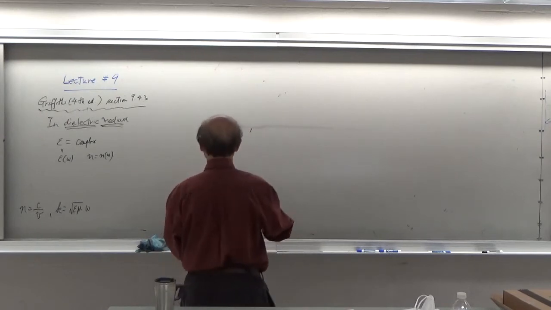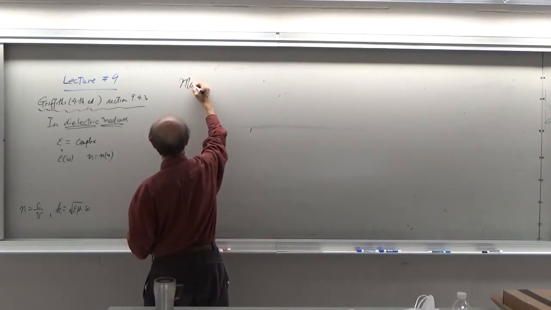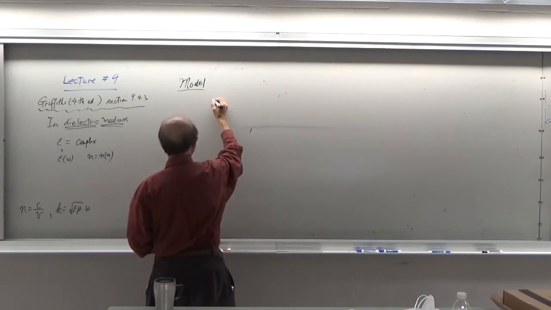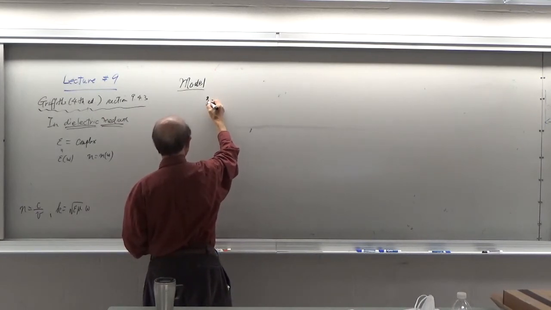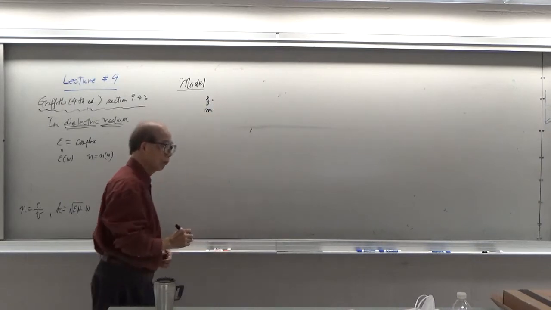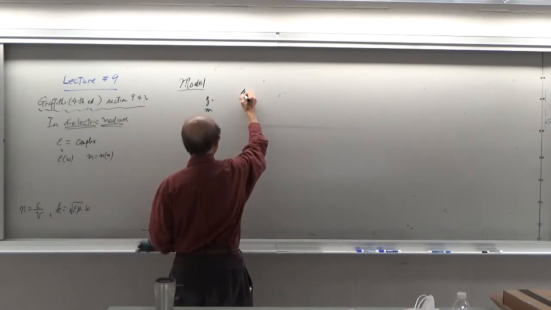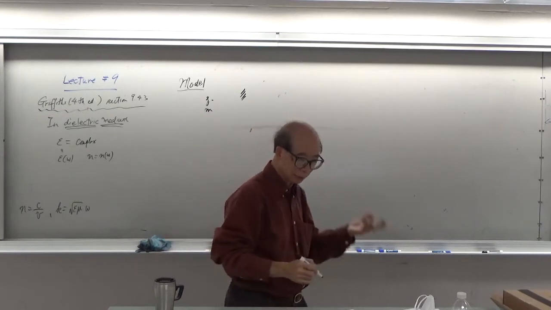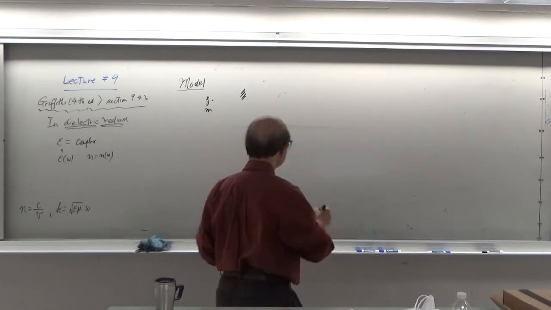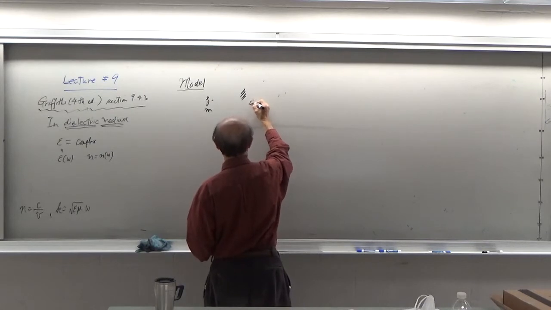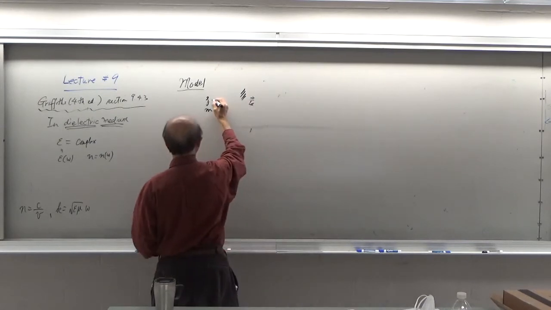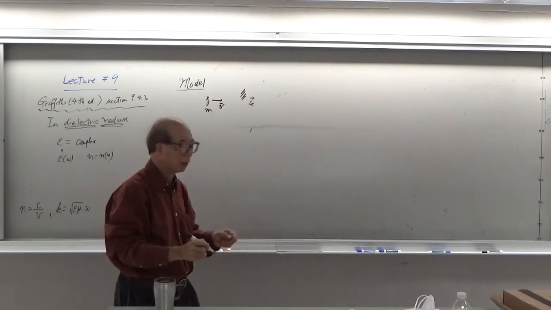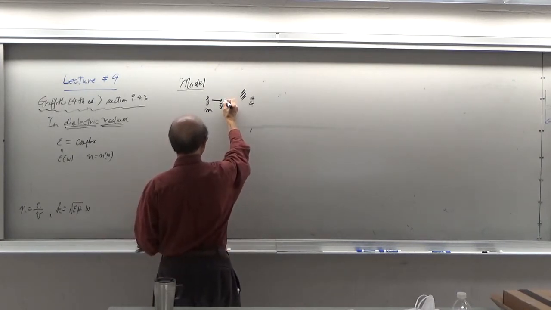Let me start by writing down the model. Let's say that I have a charge q, mass m, in the presence of a certain external force, which we are going to take as coming from electric field E. This charge moves with velocity v, but it's being opposed by a certain resistive force.